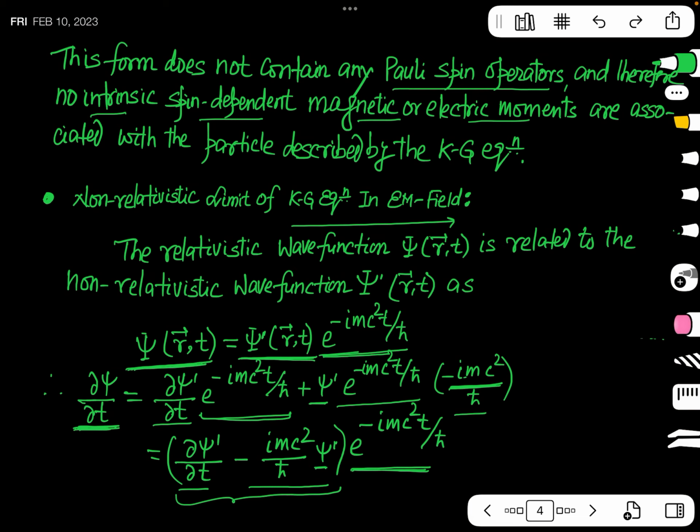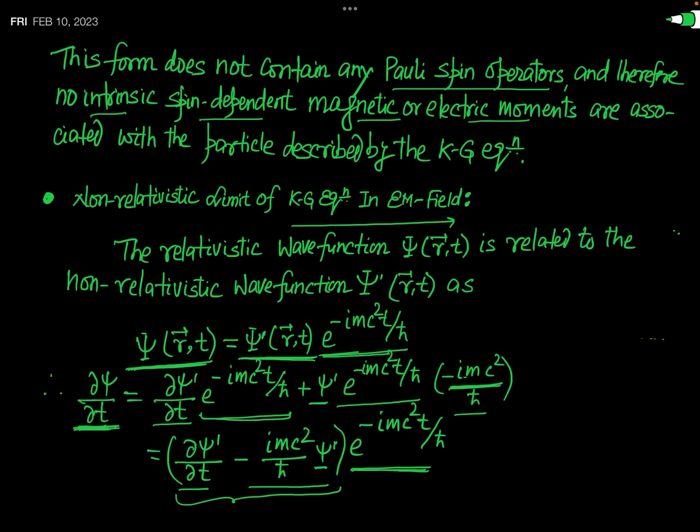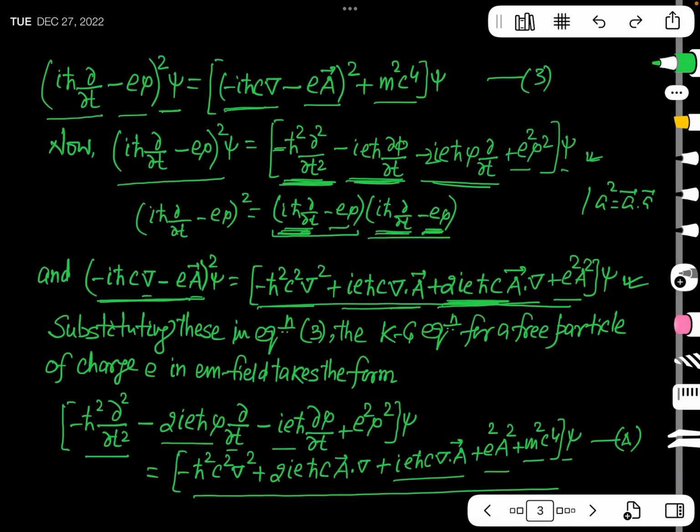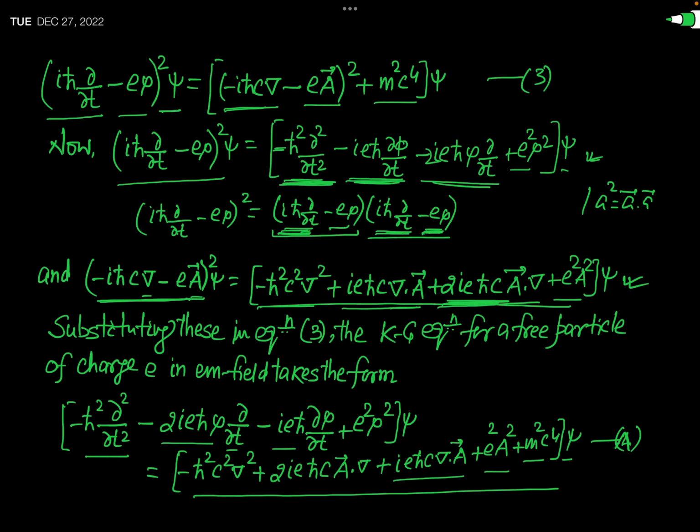Now this ∂ψ/∂t and ∂²ψ/∂t². Now these two values will be substituted here in this equation number A, which is actually the Klein-Gordon equation. You can see in the LHS there is the term minus ħ² ∂²ψ/∂t².